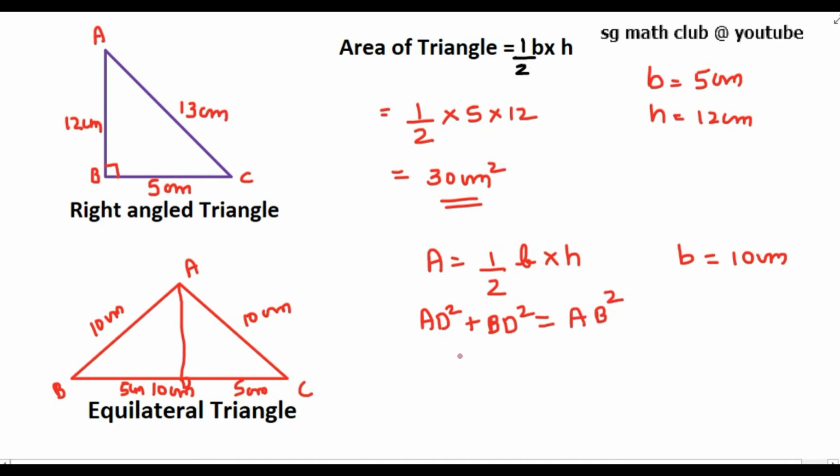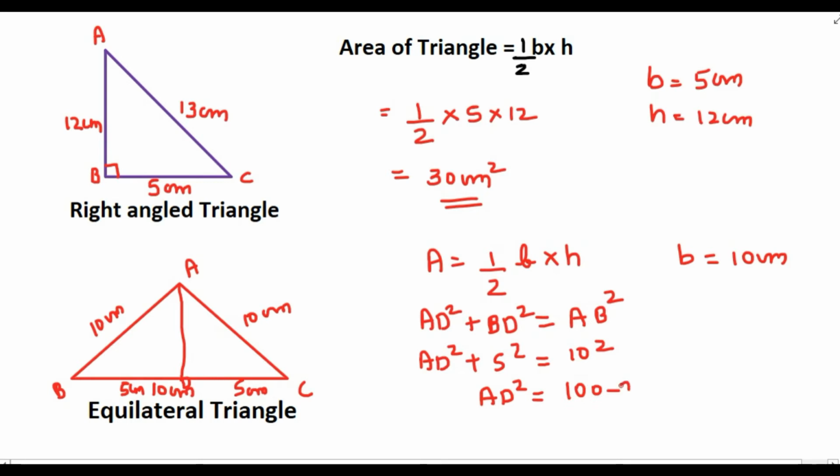AD square we don't know. BD square is 5 square, and AB square is 10 square. So AD square is 100 minus 25, which is equal to 75, or AD is equal to root 75.